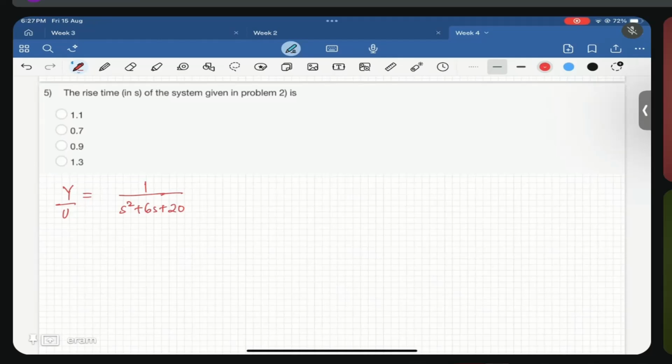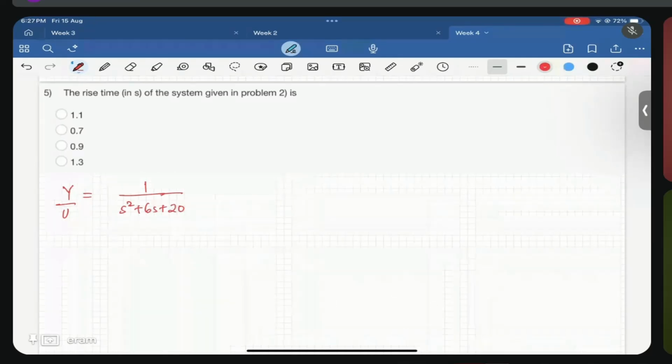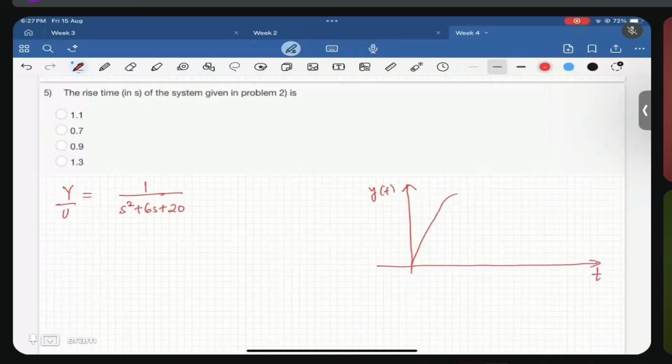Let's suppose I draw the response of the system like this, and this is the final value. Can you identify what the rise time is from this graph? Which point will denote the rise time?